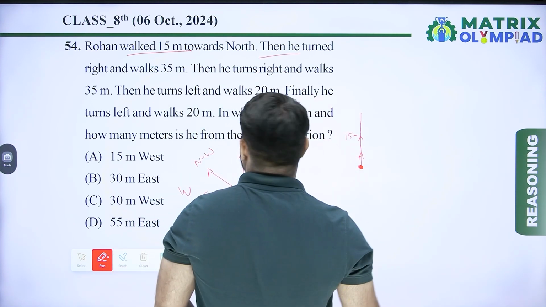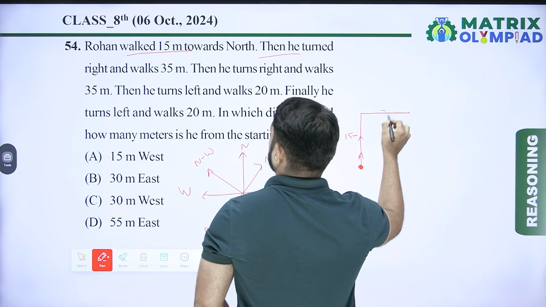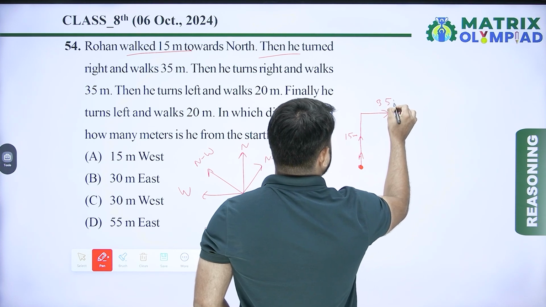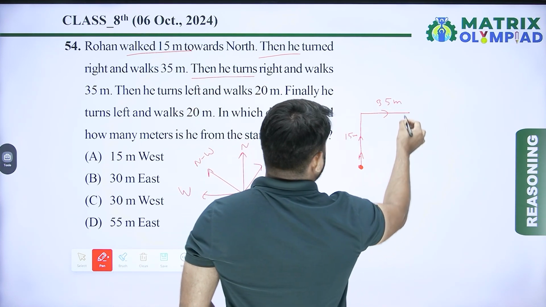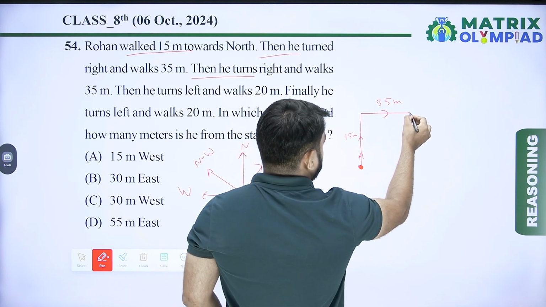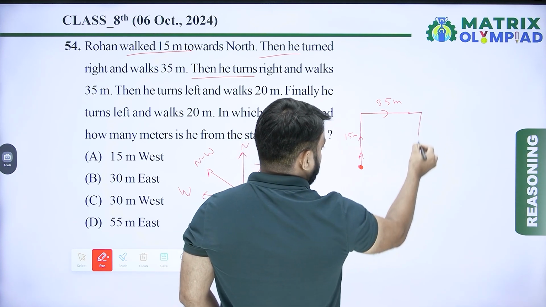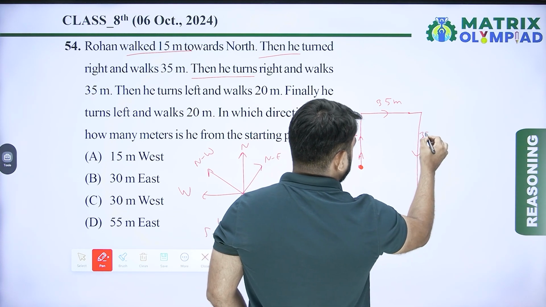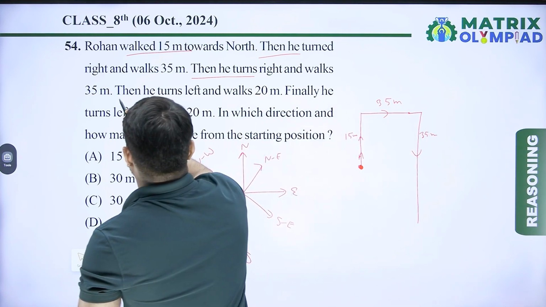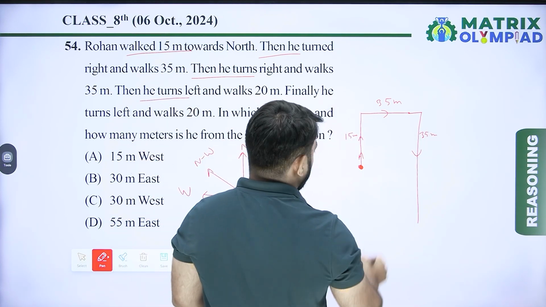Then he turned right and walked 35 meter. After this, he turns right and walked 35 meter. Then he turns left and walked 20 meter.